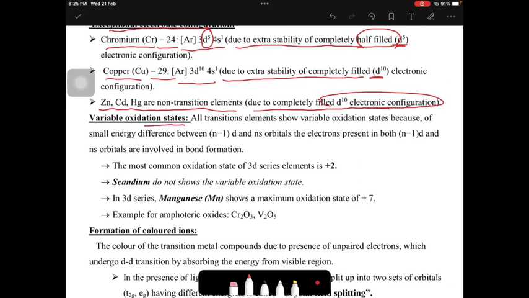Variable oxidation state. All transition elements show variable oxidation state because of small energy difference between (n-1)d and ns orbitals. The electrons present in both (n-1)d and ns orbitals are involved in bond formation.